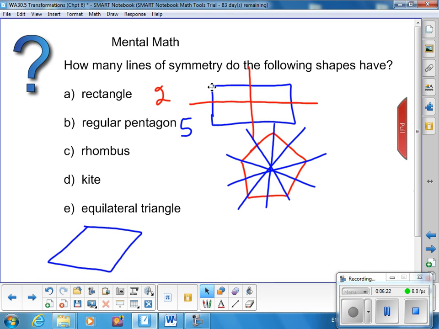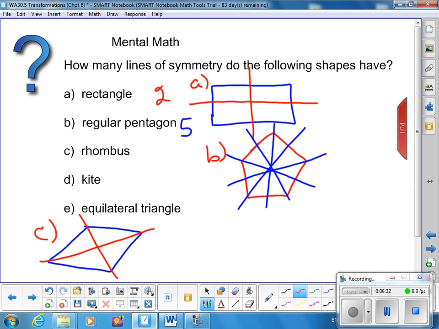It would actually have 2, through that fold and through this fold. So this is a rhombus, and that would have 2. A kite only has 1, just through the center. And an equilateral triangle has 3.